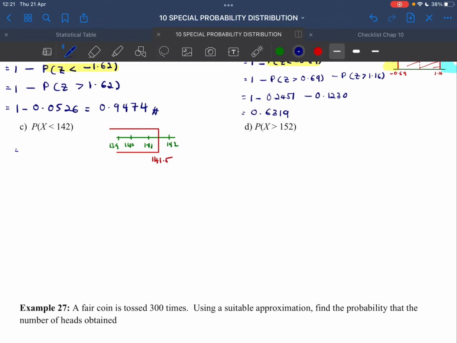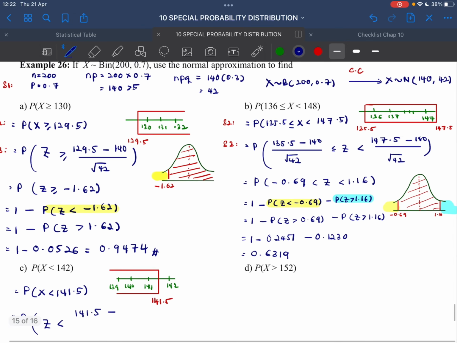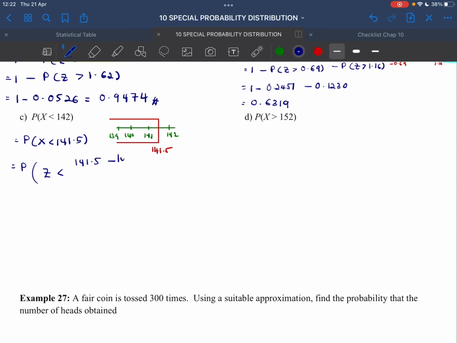Okay, so to change the continuity correction, this will be X less than 141.5. CC is settled, now just change to standard normal distribution, Z less than 141.5 minus the mean here, 140, over square root of 42.